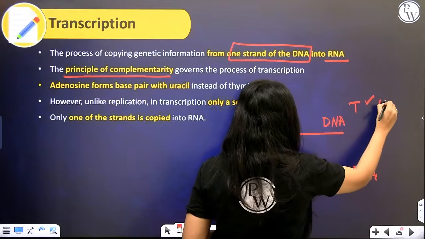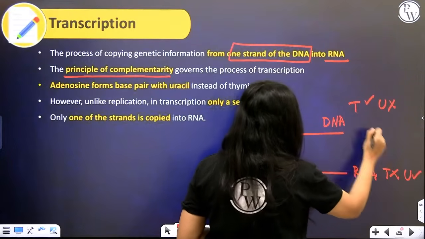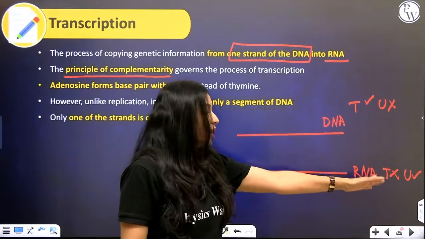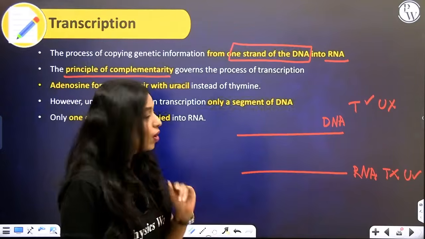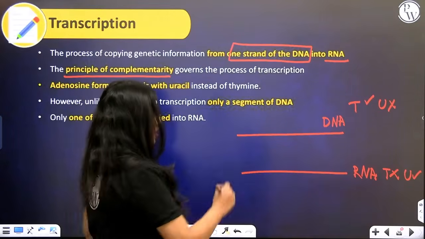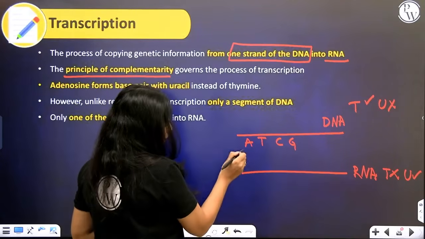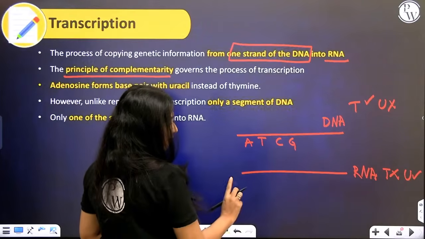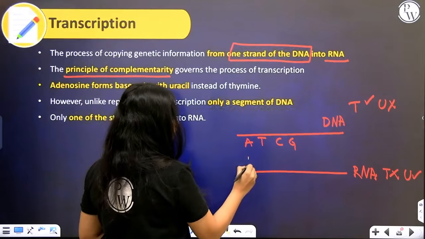DNA has T, doesn't have U. RNA doesn't have T, has U. In DNA, you have thymine and not uracil. In RNA, you have uracil but not thymine. That is the only difference. So, during transcription, if DNA has A, T, C, G in its sequence, complementary to A, if you were synthesizing RNA, you do not have T. So, in place of T, you will add U instead.